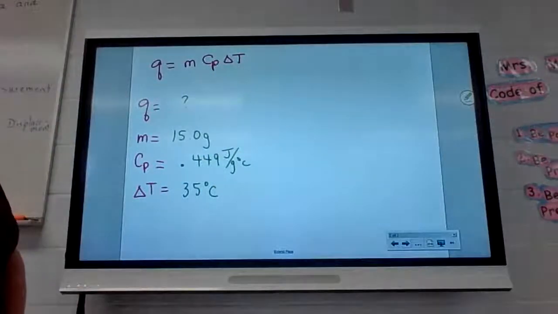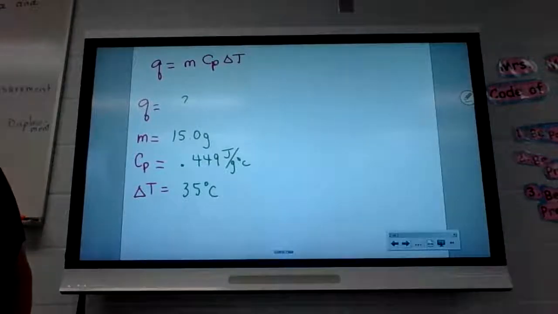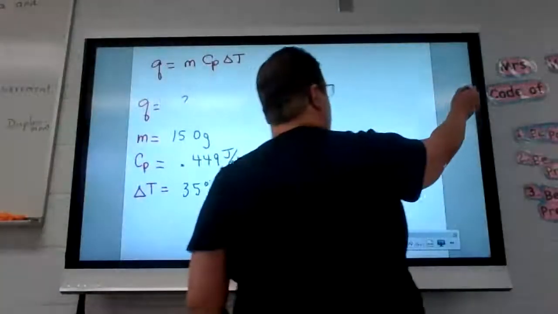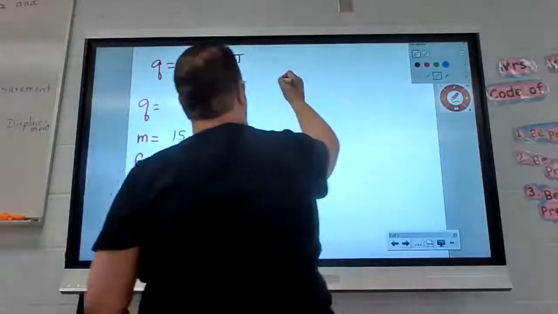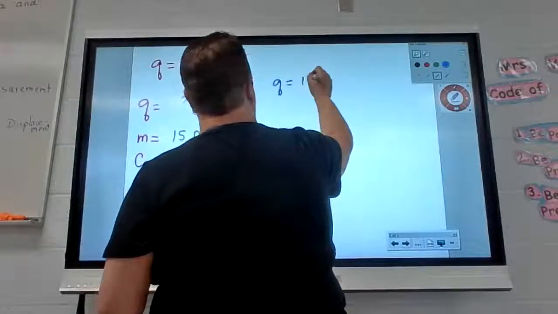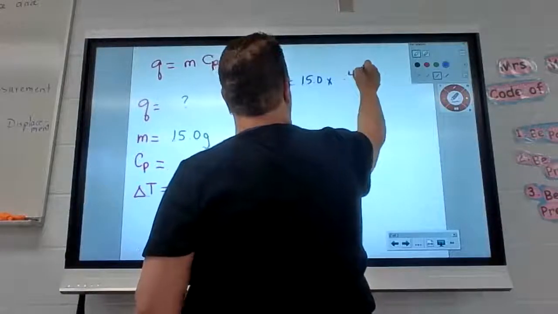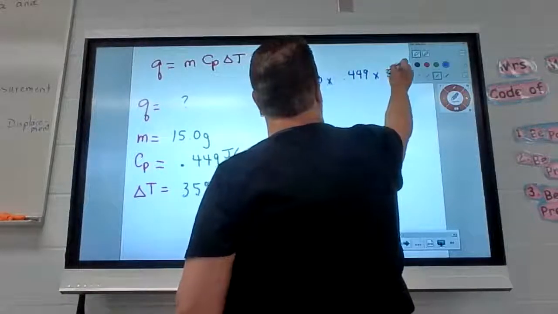Now, when you look at the top of the orange sheet, the unit listed at the top of the column is joules over grams degrees Celsius. So when you plug into your formula and you solve, Q is what we're looking for. Mass is 15.0, 0.449, and times 35.